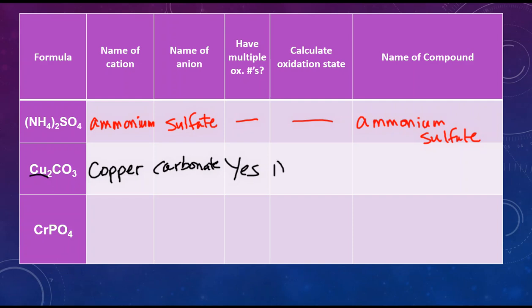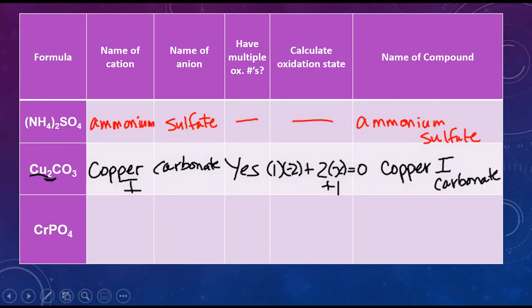There's one of them at 2 minus plus 2 of the coppers times X equals 0. So what is X here? It is plus 1. Good. So our Roman numeral should be a 1. A lot of people get that confused because the 2 is in the beginning on the cation.